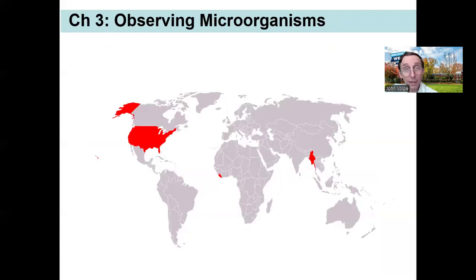The other reason why you should know the metric system is obviously science uses the metric system, medicine uses the metric system. Like when the doctor tells you, take 1 cc of this medication, that's the metric system. And then the third reason we should know the metric system is because this map is showing you all the countries in the world that do not use the metric system.